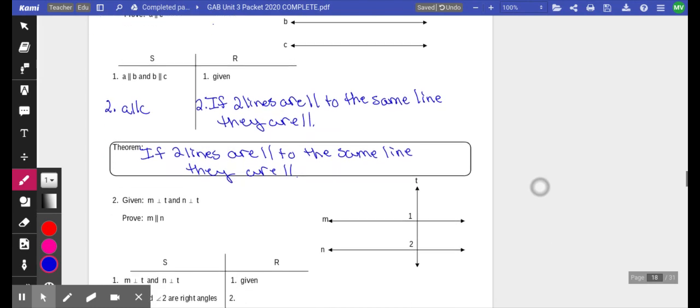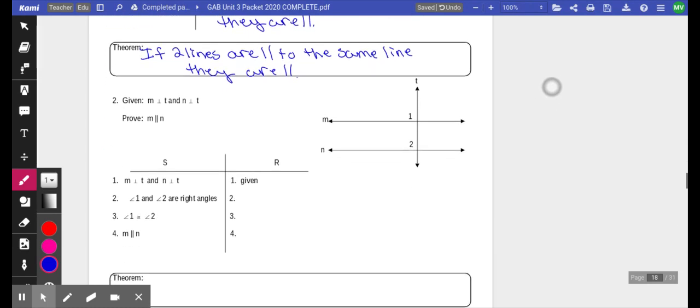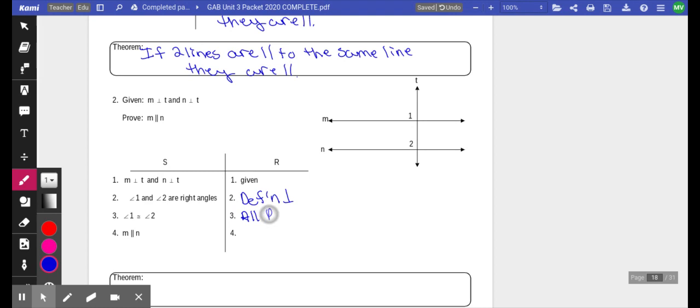Now you can't say transitive or substitution because here we have another idea where we know that M is perpendicular to T and N is perpendicular to T. Therefore, angles 1 and 2 are both right angles, and that's the definition of perpendicular. And then 1 is congruent to 2 because all right angles are congruent.